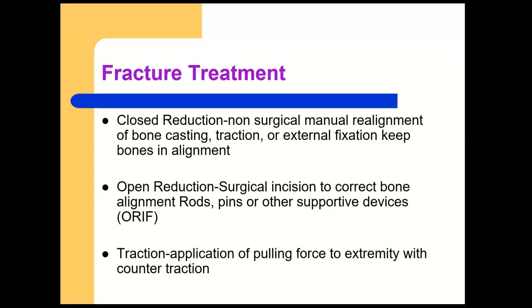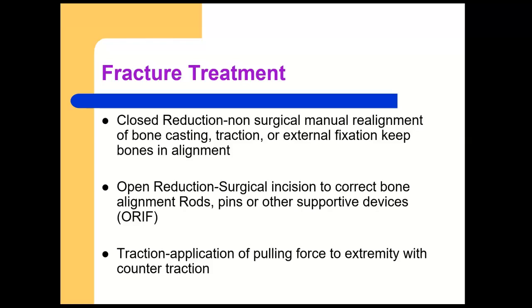Open reduction is when we have to take the patient to surgery under anesthesia, and there's typically an incision to get those bones realigned. Sometimes they'll take them to surgery like with kids for a closed reduction because they may just not be able to tolerate the pain.